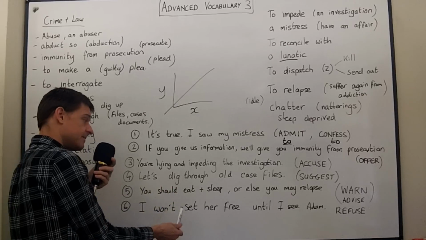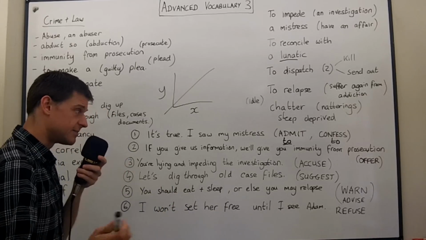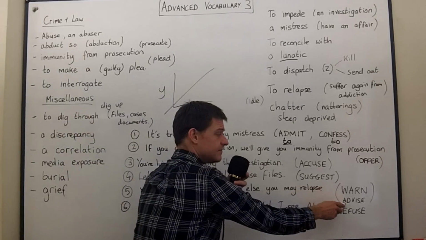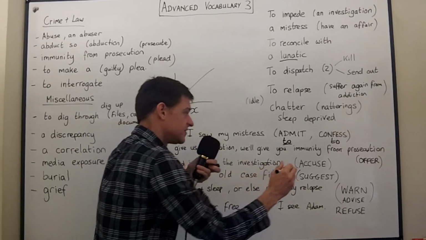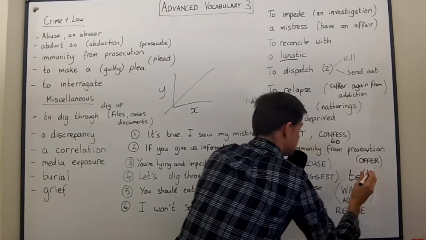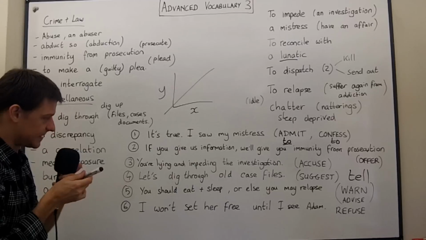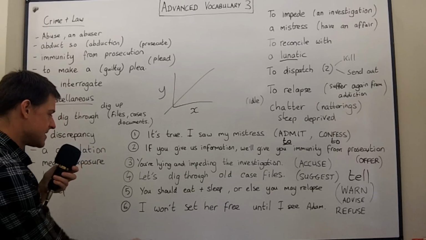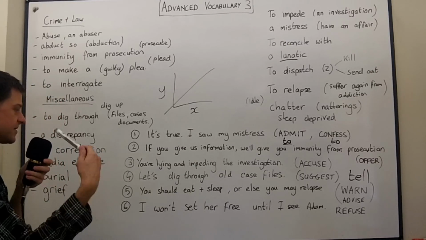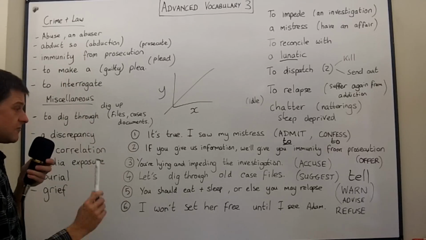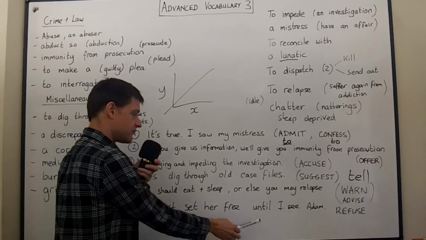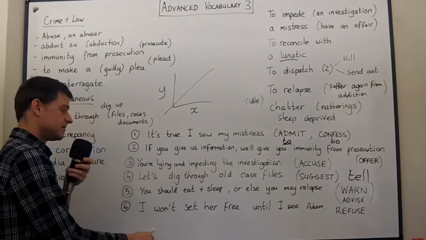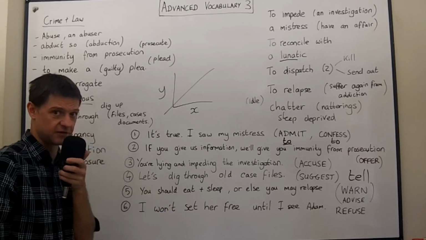Or she advised him to eat and sleep or else he may relapse. So they follow the same formula, and it's the same as tell. By the way, she told him to eat and sleep. It's exactly the same. And number 6, the abductor refused to set her free until he saw Adam. So it's just 2 plus infinitive with refuse.